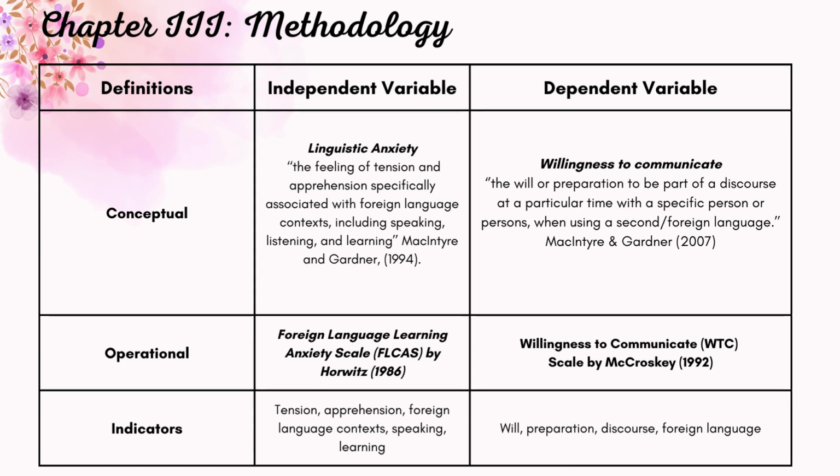We have the indicators there, and we will be using both of these scales, these instruments, in order to measure both of those variables, and then using a correlation method by Pearson that will help us establish the correlation between both variables.